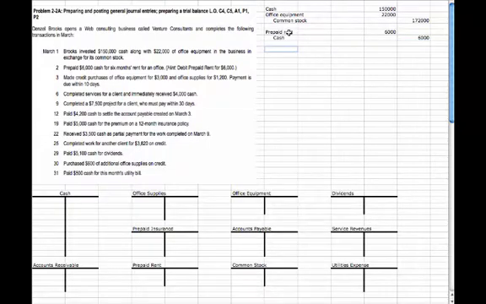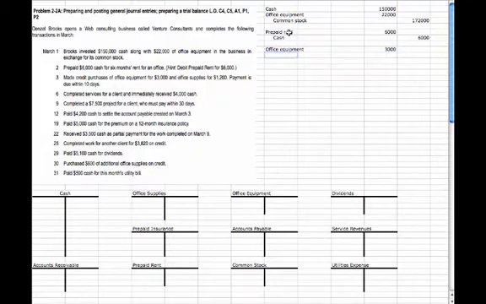Okay, the next entry here, we made a credit purchase of office equipment of $3,000 and office supplies of $1,200. Payment is due within 10 days. So we didn't pay any cash. We got this on credit from our vendor. So what happened is office equipment increased in the amount of $3,000. Office equipment is an asset, so assets go up with debits.